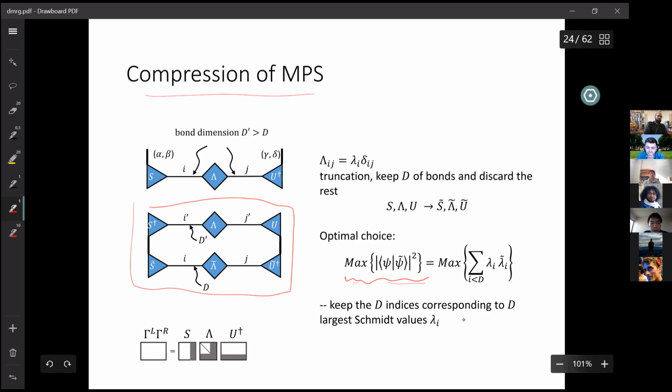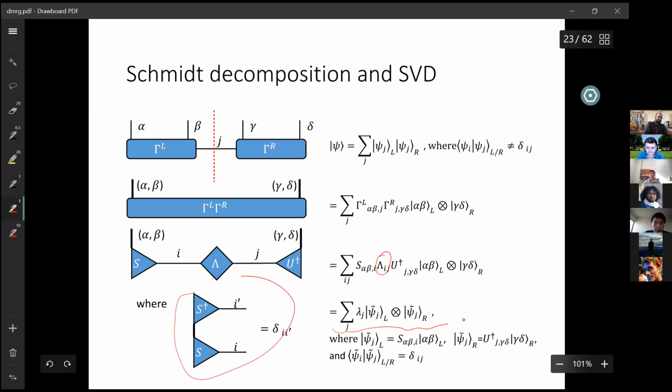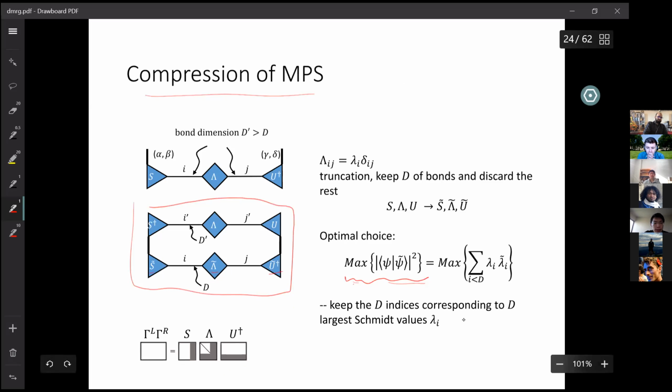This is S tilde, lambda tilde, U tilde, which is something that is truncated. We see from this picture, because we are using this property, the two triangular tensors can be replaced by a directly connected line. So we are replacing this tensor network in this form.